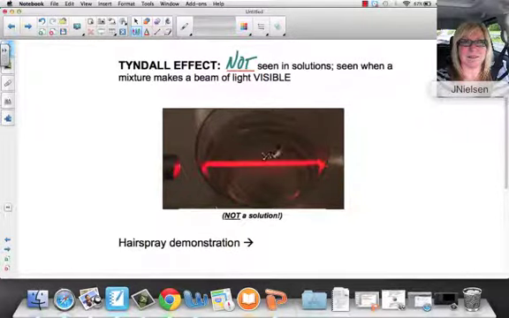So if I pass a laser through a suspected material and I can see the laser light through the liquid, then I know I do not have a solution. If I can't see the beam of light, then I do have a solution. And I'm actually going to demonstrate that in class. So we'll do this in class.